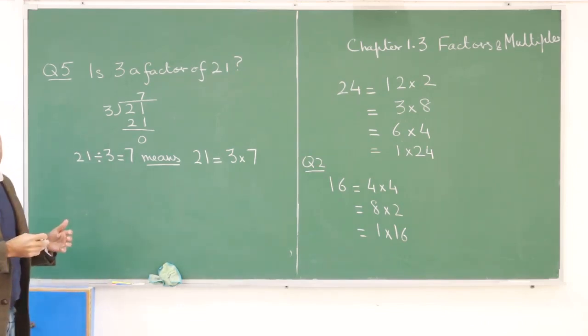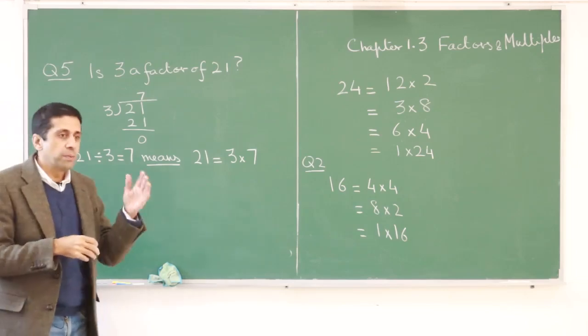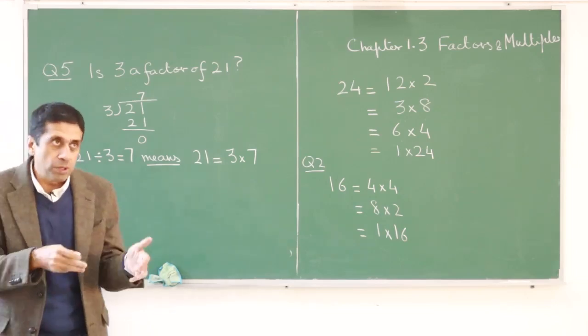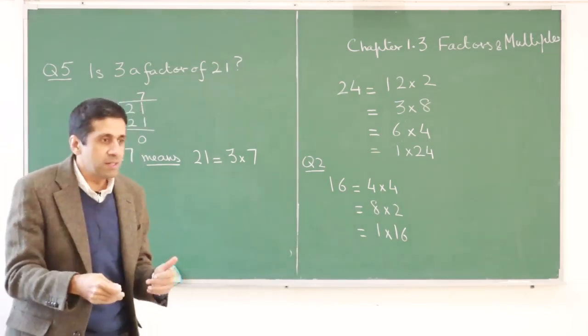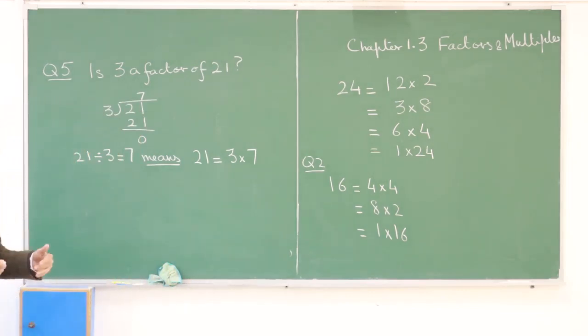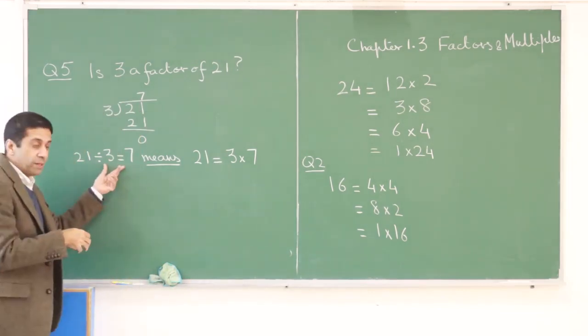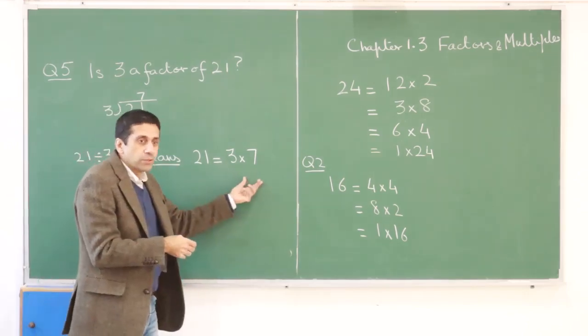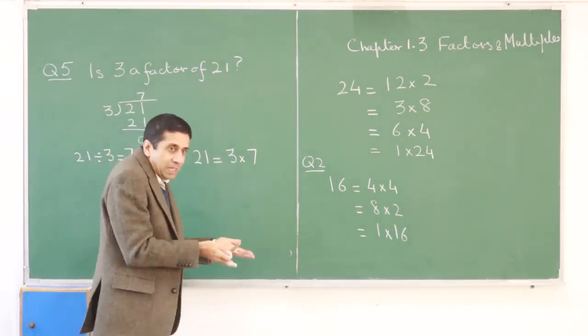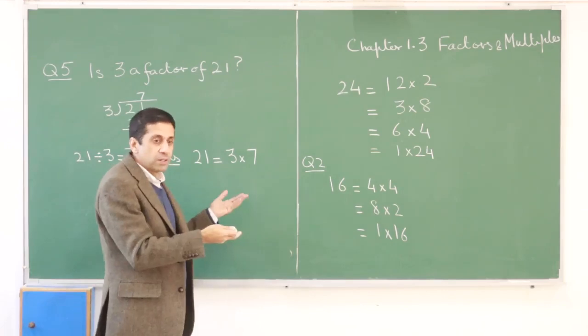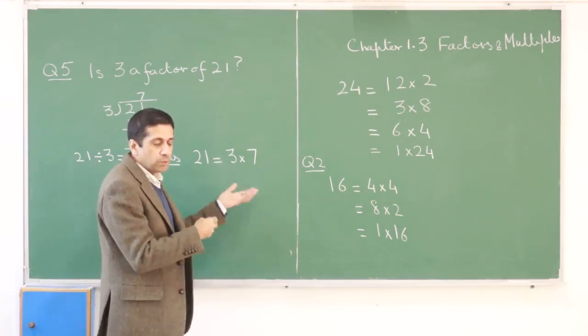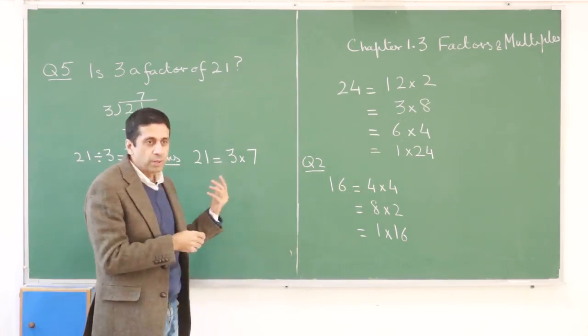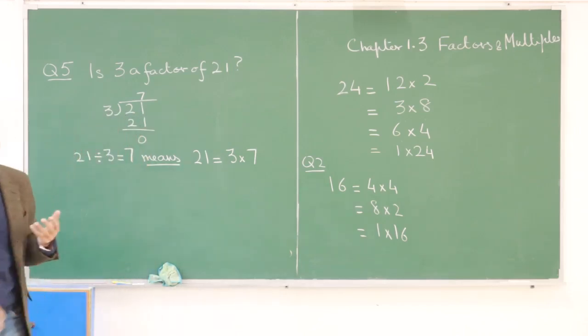It's like saying 3 7s, 3 times 7, means 7 plus 7 plus 7. Similarly, 21 divided by 3 equal to 7 means 21 is equal to 3 multiplied by 7. So if it means that, then we can check whether 3 is a factor of 21. Is this clear? So that's why you're dividing.